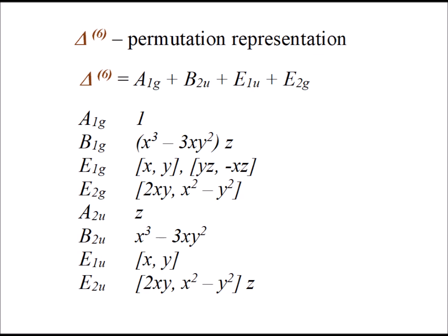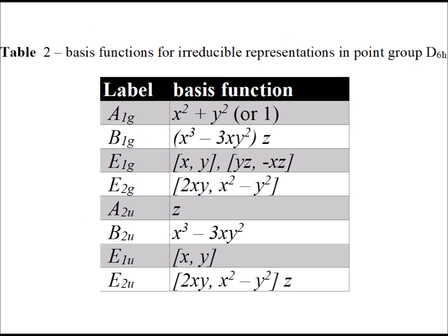For reference, the basis functions for each irreducible representation are listed below here. Again, in table 2, we list the irreducible representations in this symmetry point group and their associated basis functions.